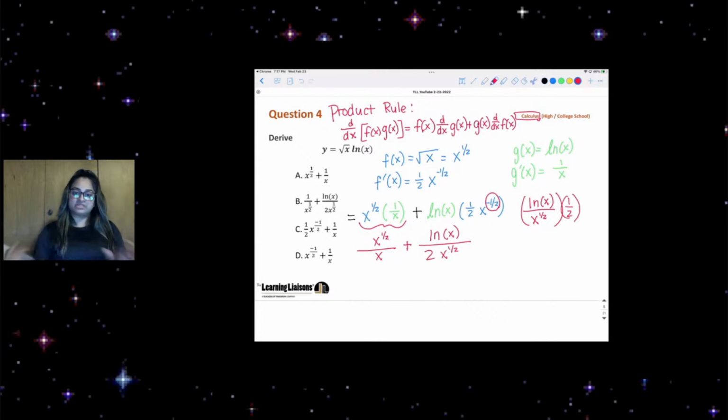Right? Because everything is being multiplied, I can manipulate it how I need to. Okay, well, I've gotten pretty far, but we have to ask ourselves, is there anything that we can reduce? Well, off the bat, the only answer choice that gives me something that has anything to do with what I just found is B.